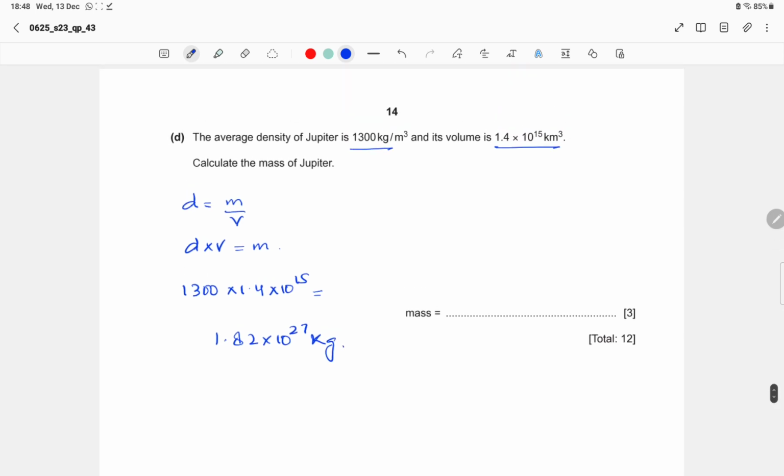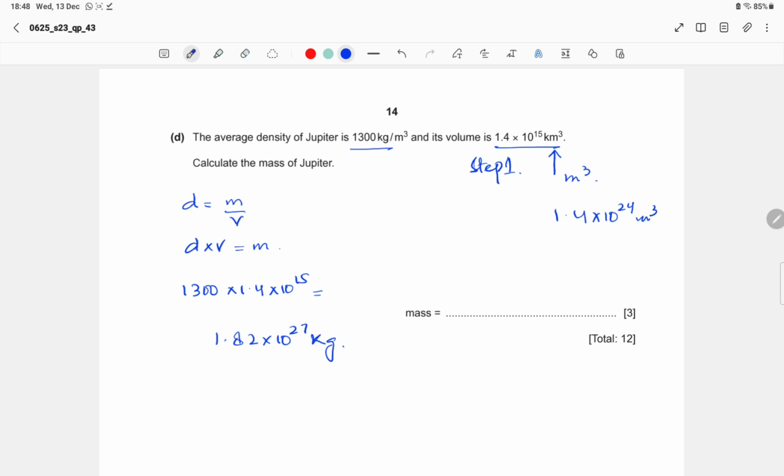But before that, you must remember this thing. You need to convert this into meter cube. I forgot to tell you because I have already done this in another paper. So first, step one, you need to convert this into meter cubes, and this is going to be 1.4 into 10 to the power 24 meter cube.